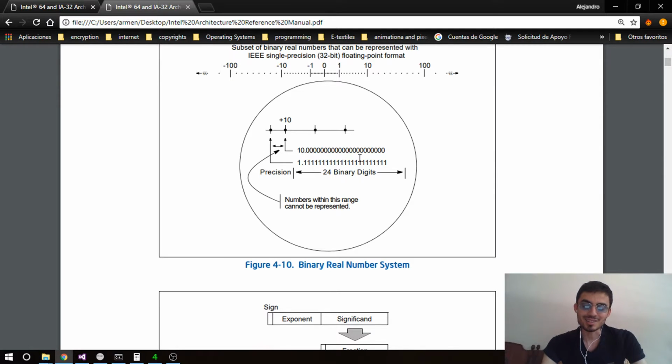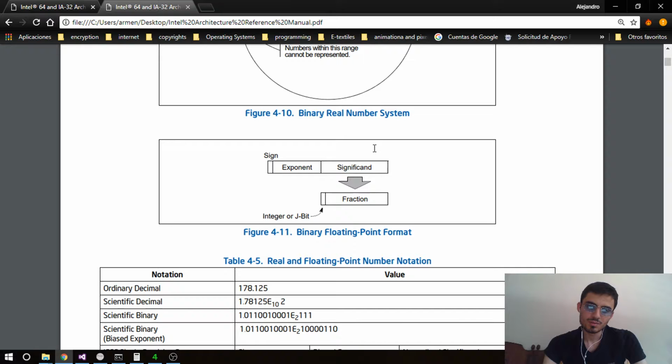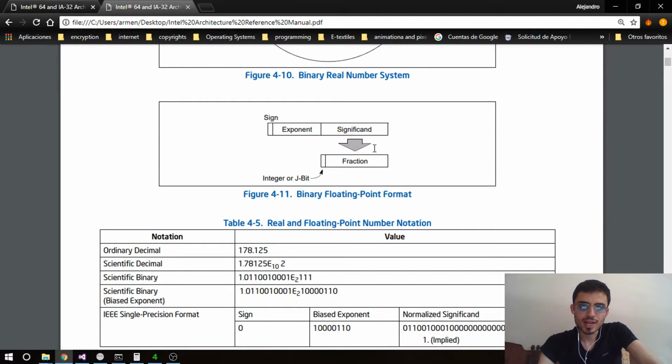It's a number that is sufficiently close, or probably not too close, to this new number. And then we have a fraction.